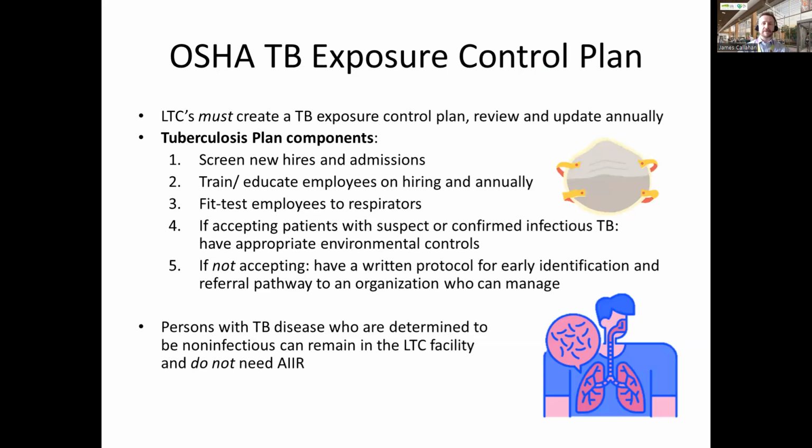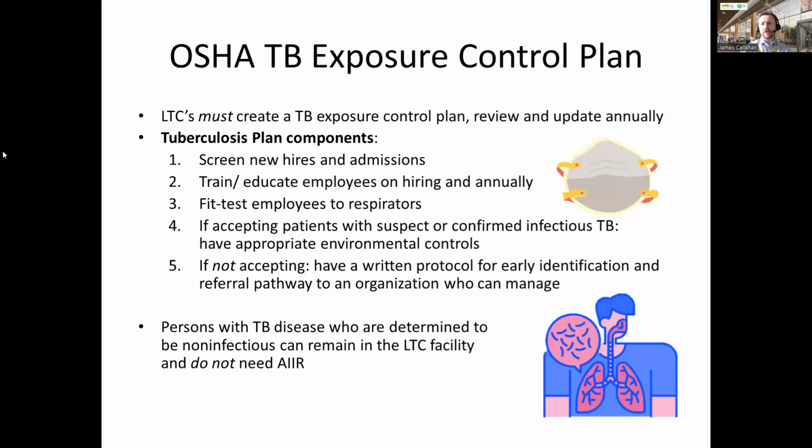If they're not accepting patients with active pulmonary tuberculosis, then you have to have a written policy for early identification and have a referral pathway cemented to an organization who can manage this patient population.